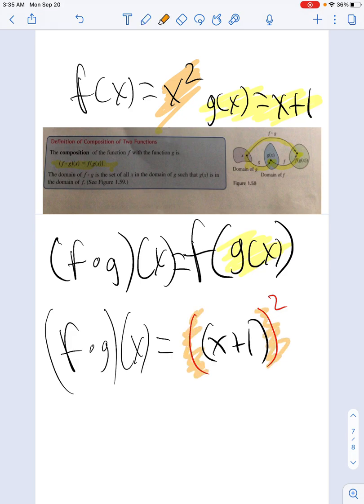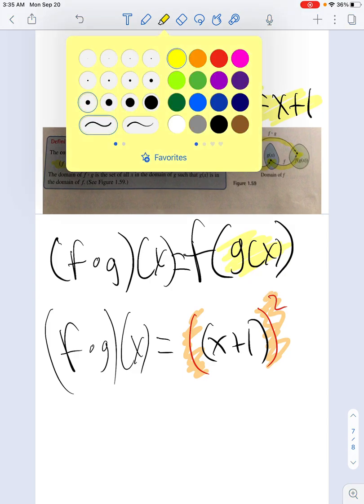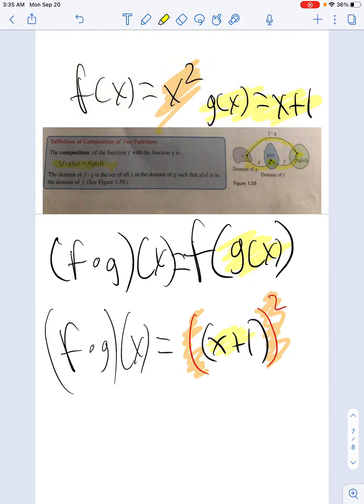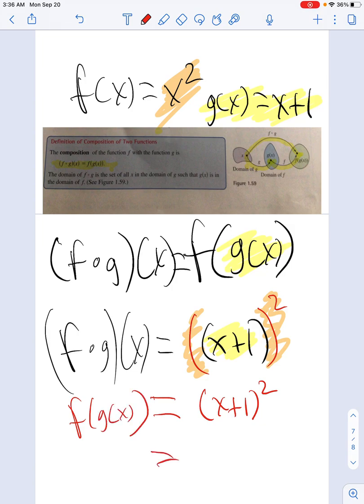That's how I got this part right here. g of x is in the middle, and f of x is on the outside. I could write it like x plus 1 squared, and that would be fine. You could say that this is f of g of x. You could also multiply that out: x plus 1 times x plus 1.